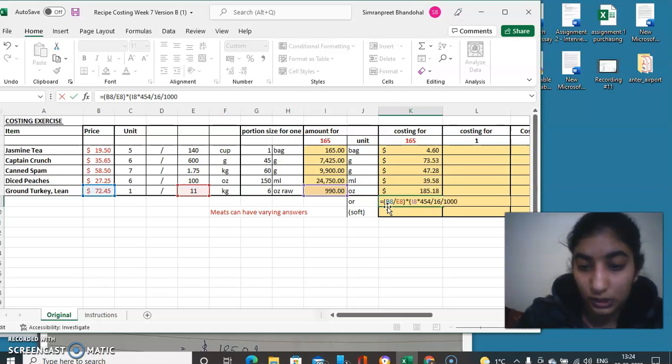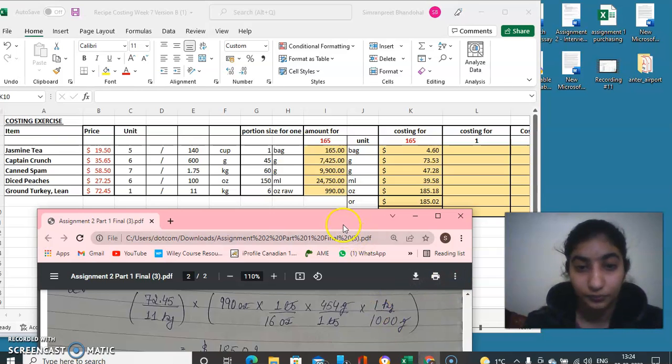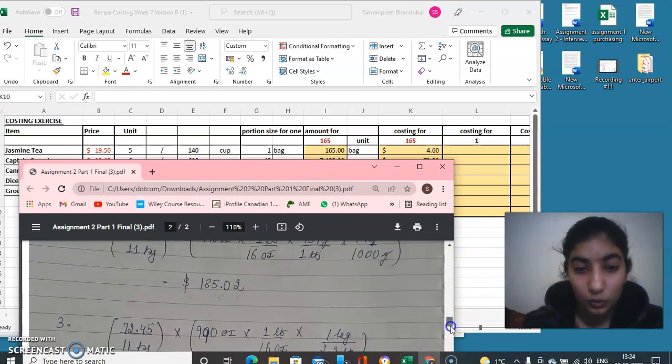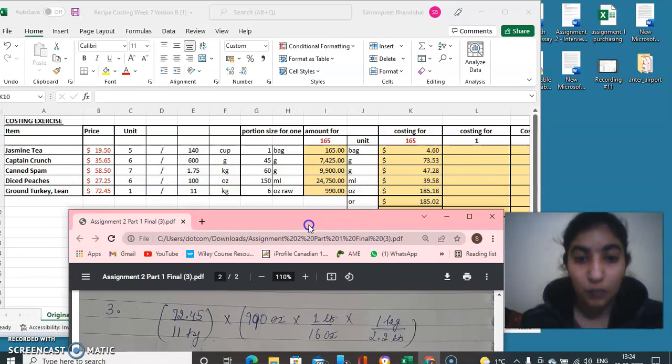Divide by 1000, bracket close and press enter. So we got 185.02.